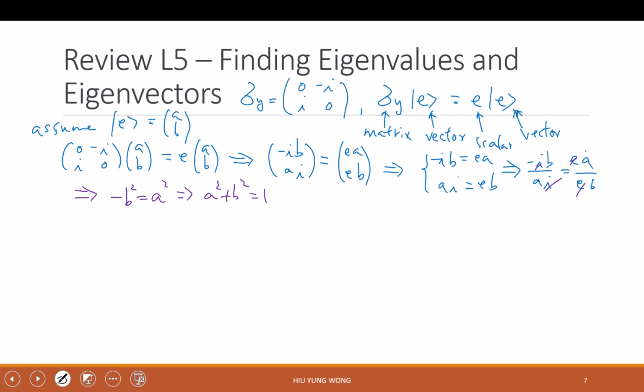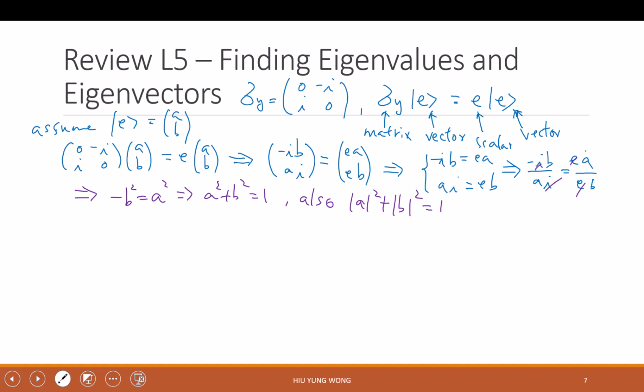You also need to make sure of one more thing. Also, the magnitude of A plus the magnitude of B equal to 1. Why? Because we assume the vector needs to be normalized.